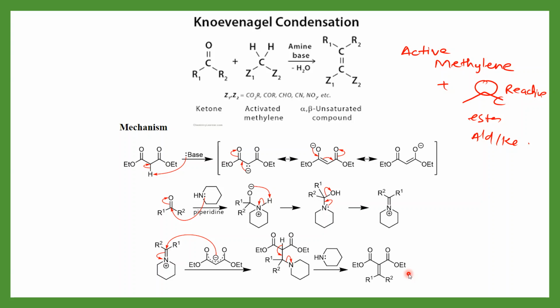In presence of nitrogen base, iminium ion will form, and then that iminium ion will get attacked by the enolate formed in the first step, and will result in the formation of this alpha beta unsaturated system. This is your Knoevenagel condensation reaction. I hope I am clear.